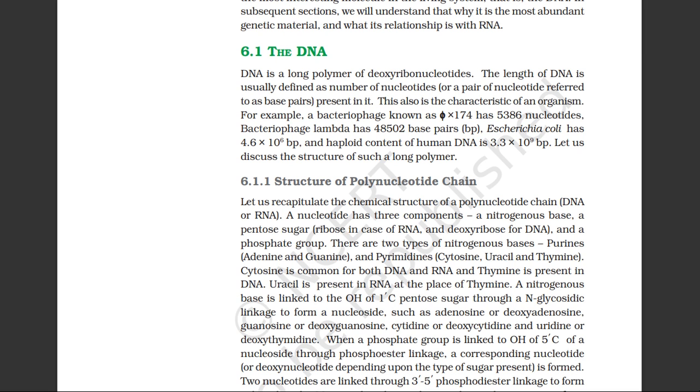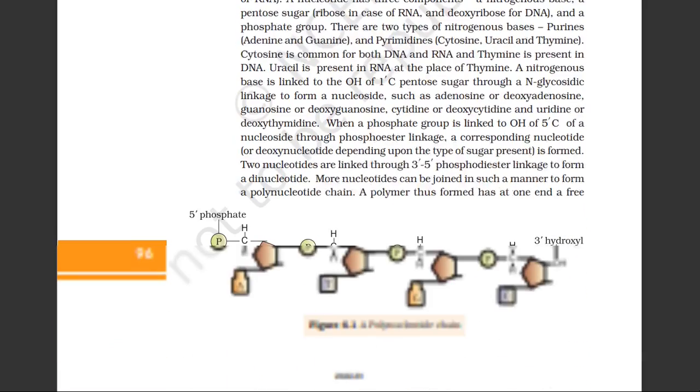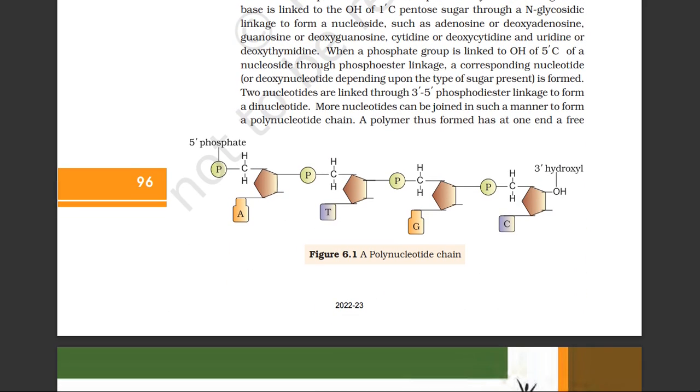When a phosphate group is linked to OH of 5' C of a nucleoside through phosphoester linkage, a corresponding nucleotide, or deoxynucleotide depending upon the type of sugar present, is formed. Two nucleotides are linked through 3'-5' phosphodiester linkage to form a dinucleotide. More nucleotides can be joined in such a manner to form a polynucleotide chain.